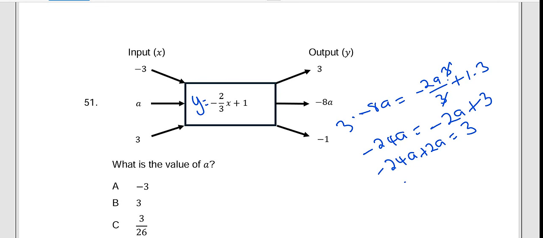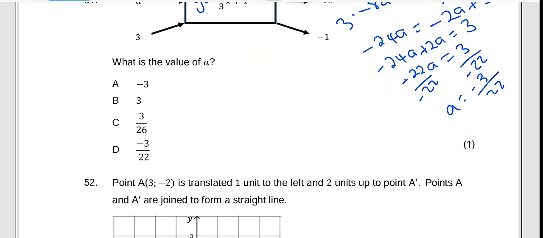I thought I made a mistake. It's going to be -22A equals 3. I'll divide by -22. Therefore, my A is going to be -3 over 22. The correct answer is D.